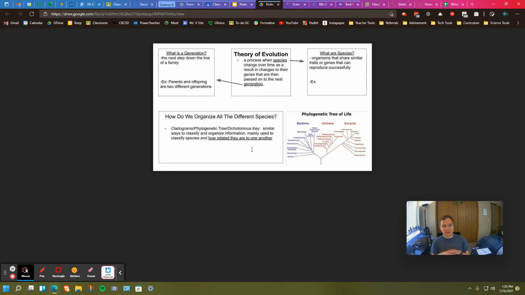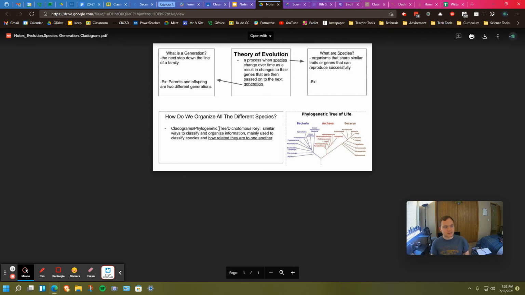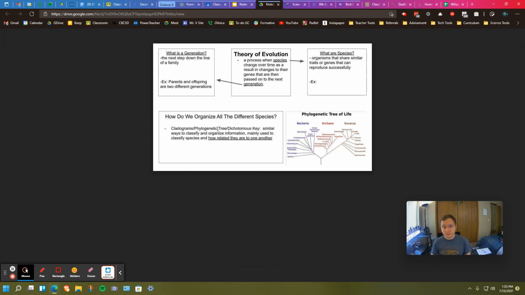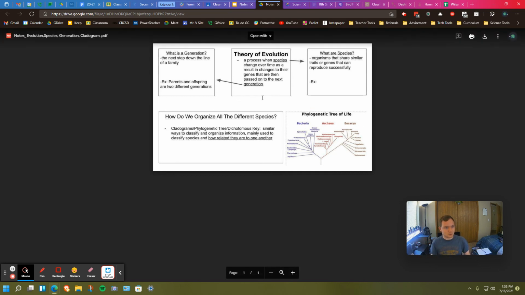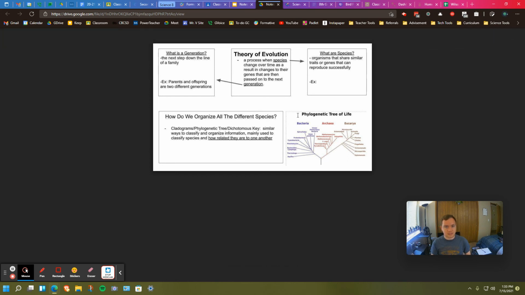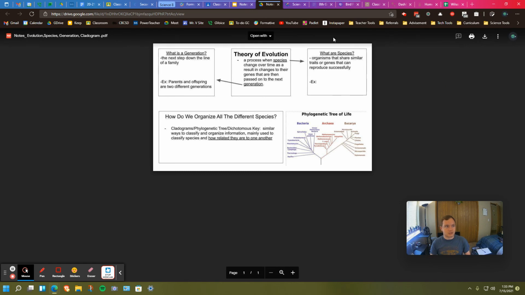It's almost like a family tree, but of every living thing. They show that humans are related to monkeys, who are related to lemurs, that kind of stuff. Based on characteristics, it shows how animals have changed over time. This is what we're going to be digging into this whole unit, but especially this week, on how to use these trees, cladograms and dichotomous keys as a tool to figure out who is related to whom.